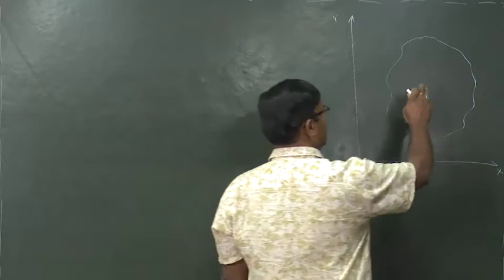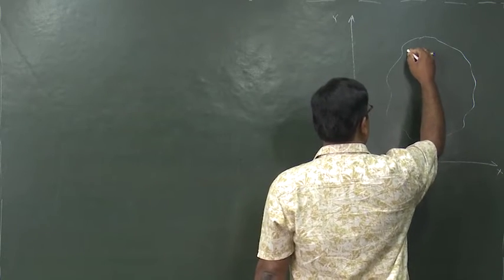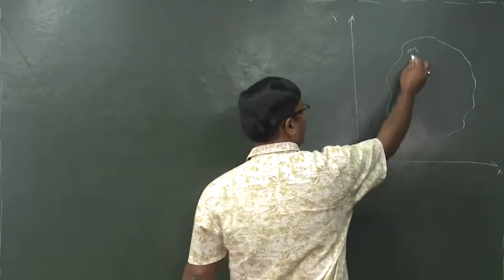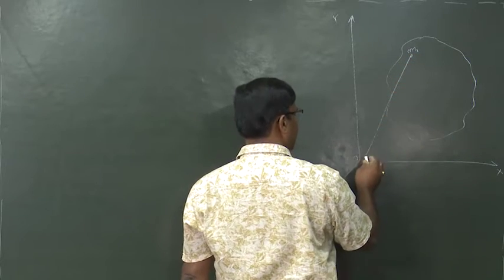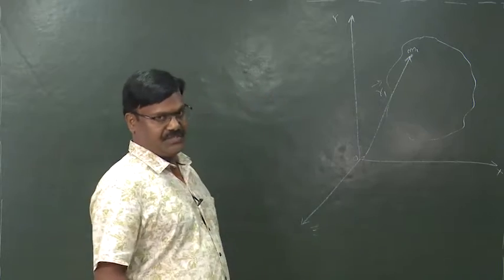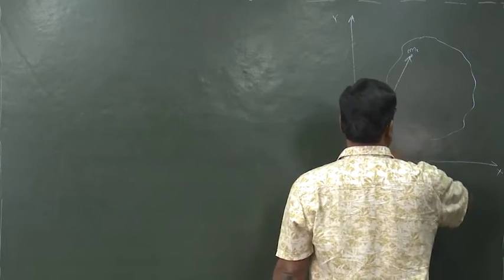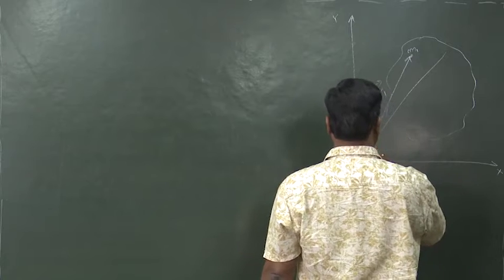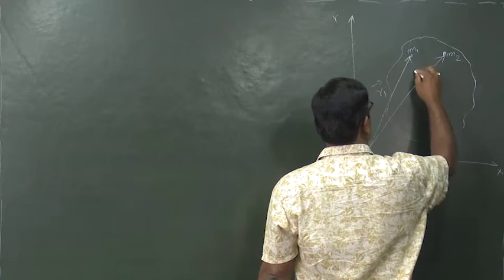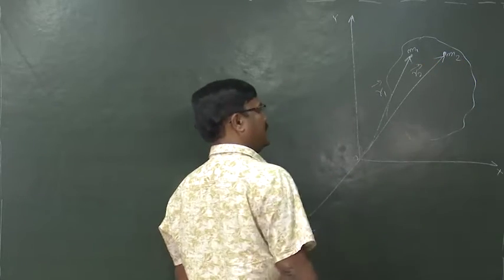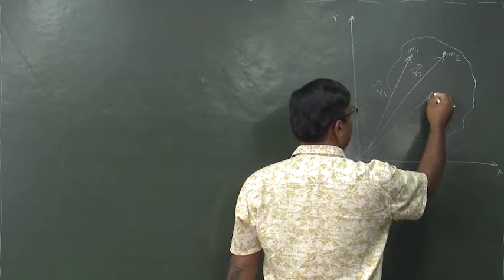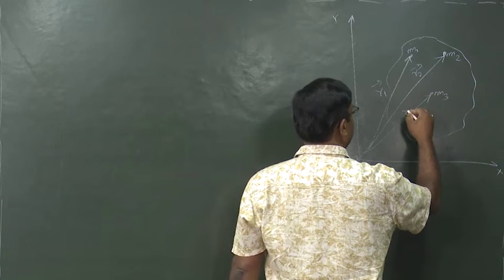Now, let us consider a particle at this point having mass m1 and position vector r1. Similarly, another particle at this point having mass m2 with position vector r2, and another having mass m3 and position vector r3.